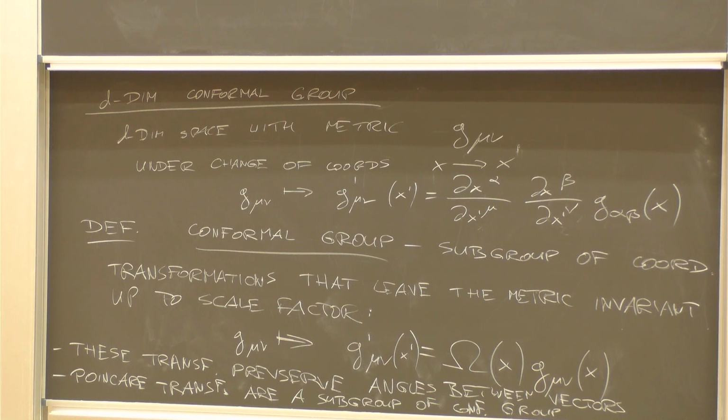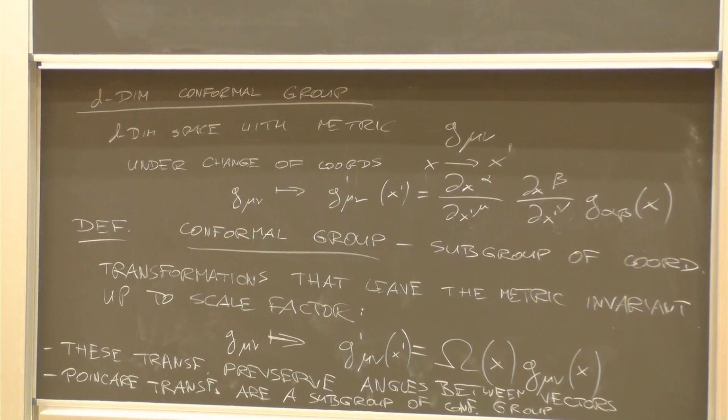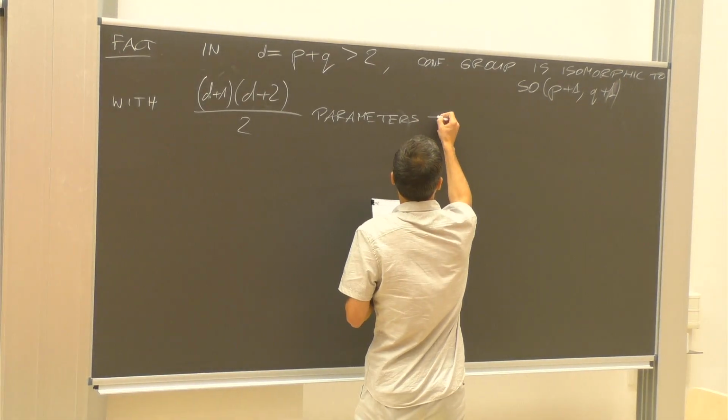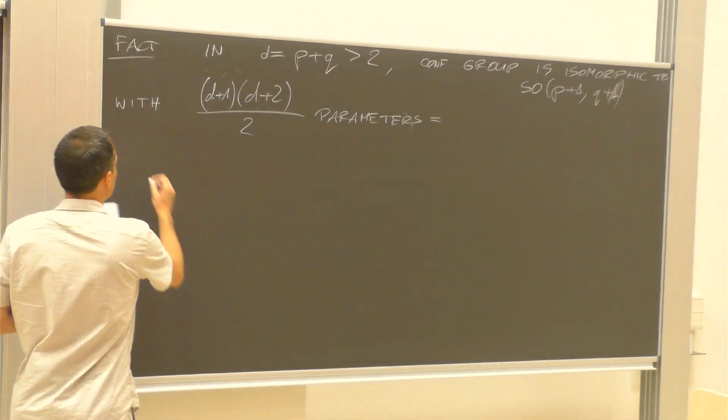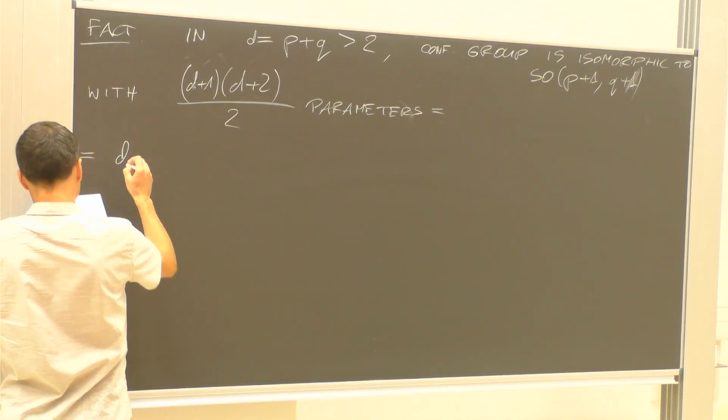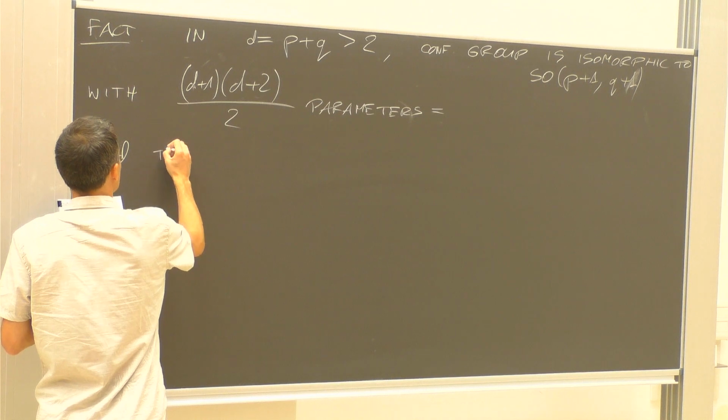And this group has the following number of parameters. So in dimension d, this is (d+1)(d+2) divided by 2. Which have the following interpretations. First of all, there are d translations.